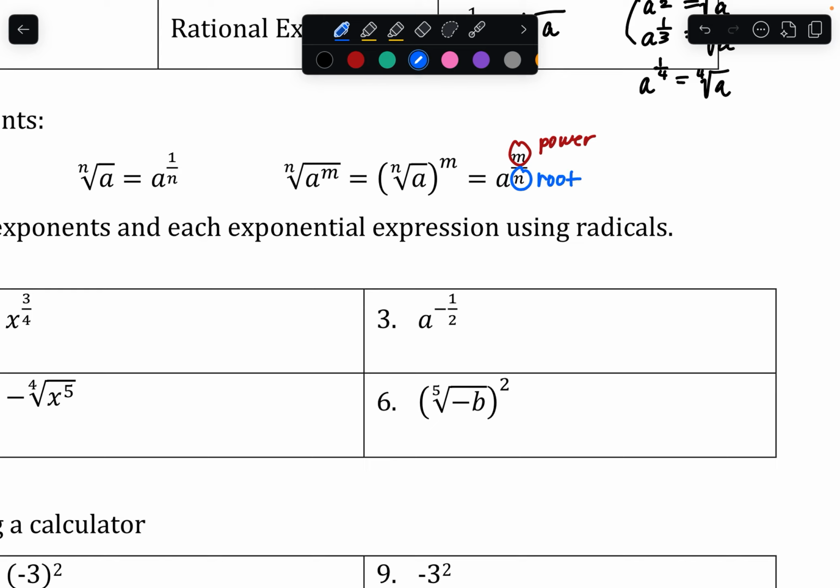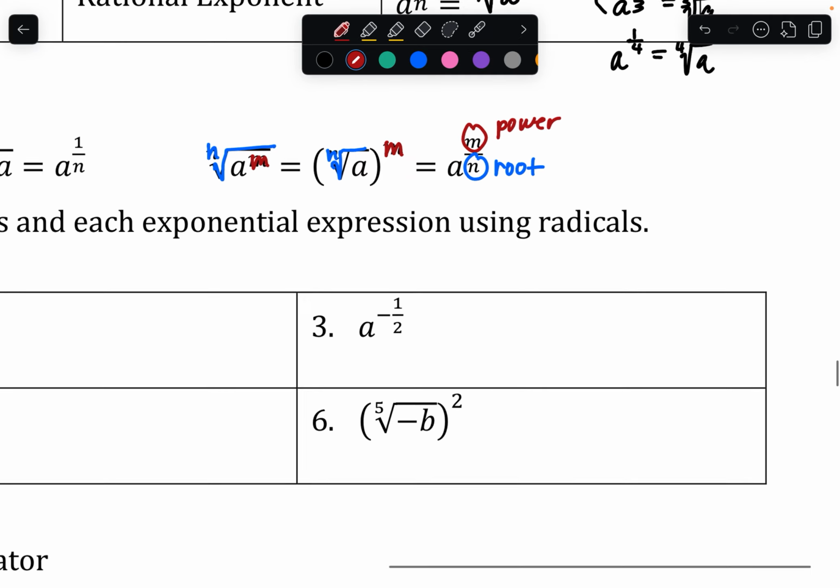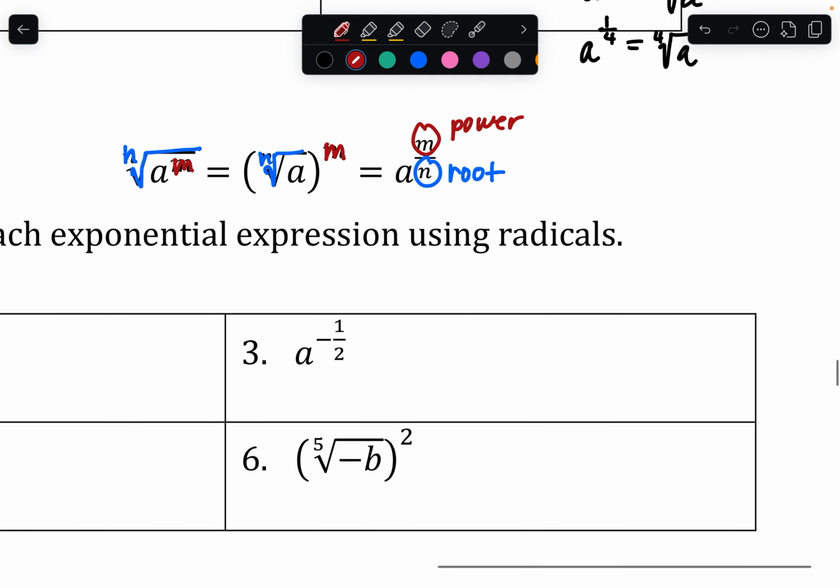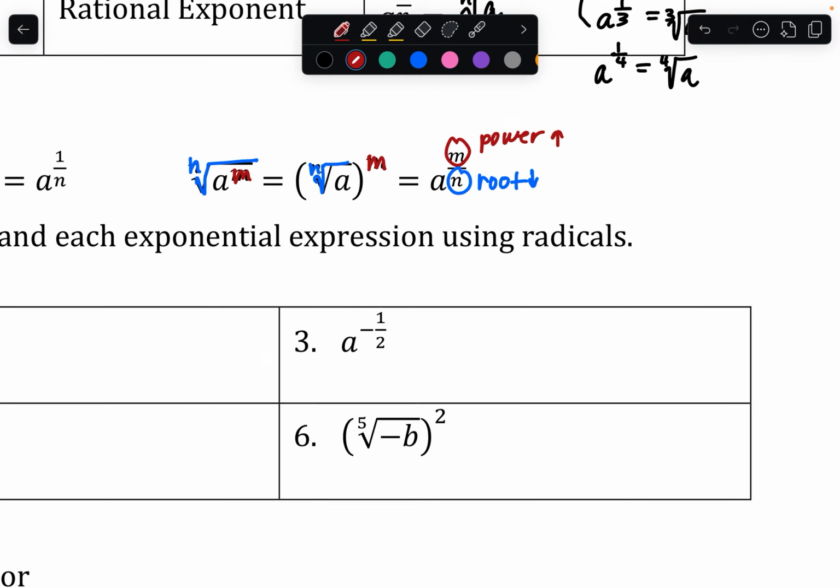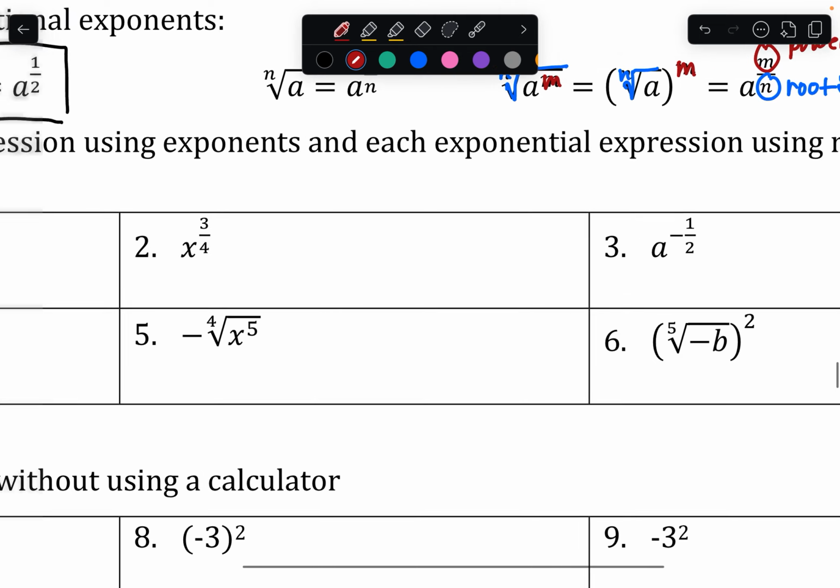Okay, and so to rewrite that, it's the nth root of a to the m. And you could do those in either order. Often it's easier to root the number and then raise it to the power, so it's getting smaller than bigger. And so the cheesy way to remember this is that roots are in the ground, the denominator, powers are in the sky. Roots are in the ground, powers are in the sky.